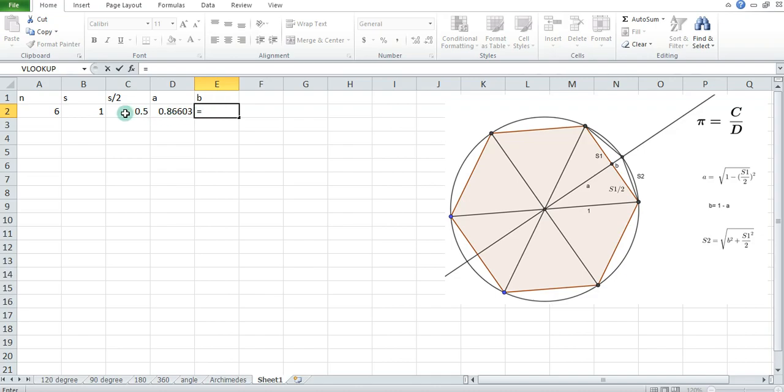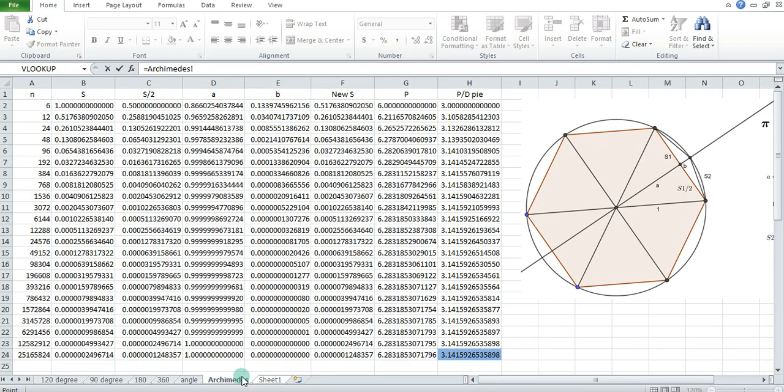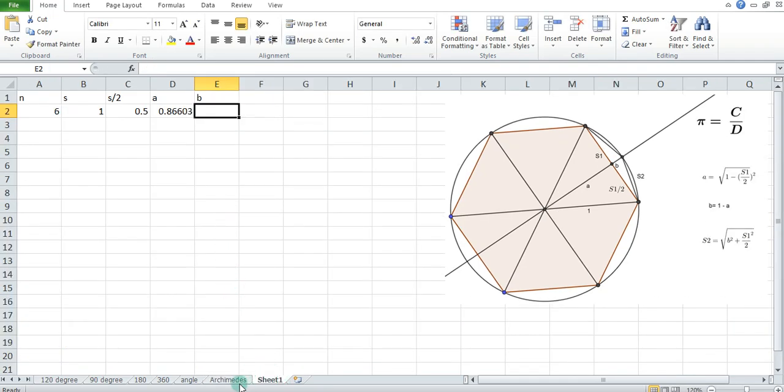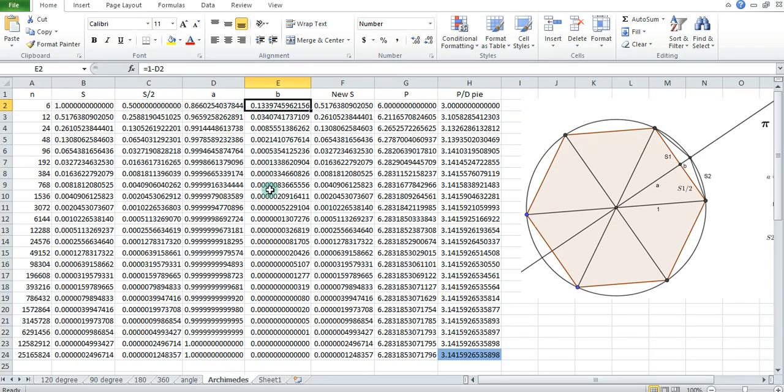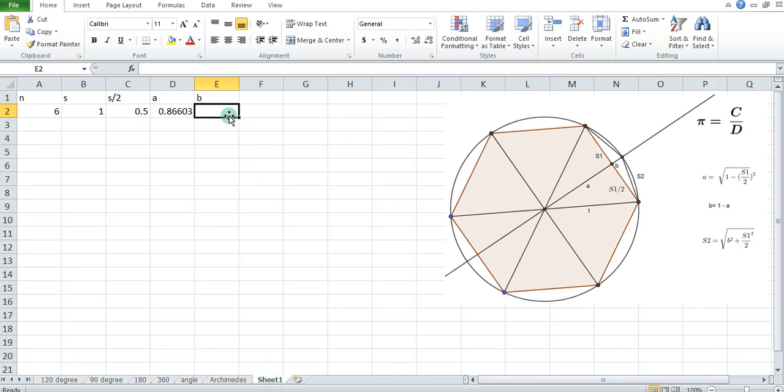We have to subtract a from 1. This is a.